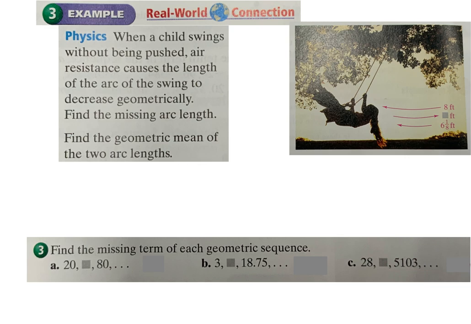So if you look at this right here, physics, when a child swings without being pushed, air resistance causes the length of the arc of the swing to decrease geometrically. Find the missing arc length. All they want's the geometric mean. Of course, they gave us 6 1/8 just to be fun.